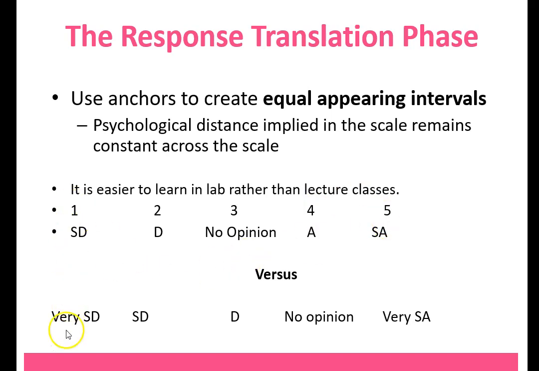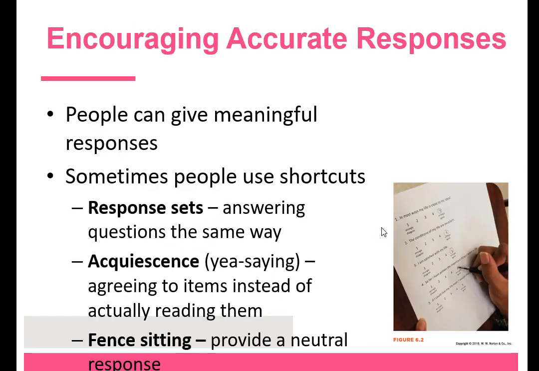Versus if a 1 was very strongly disagree, 2 is strongly disagree, 3 is disagree, 4 is no opinion, and 5 is very strongly agree. You see how this jump from 4 to 5 seems like a much bigger distance than maybe from 1 to 2. So you want to be sure you're keeping equal appearing intervals on your scale.